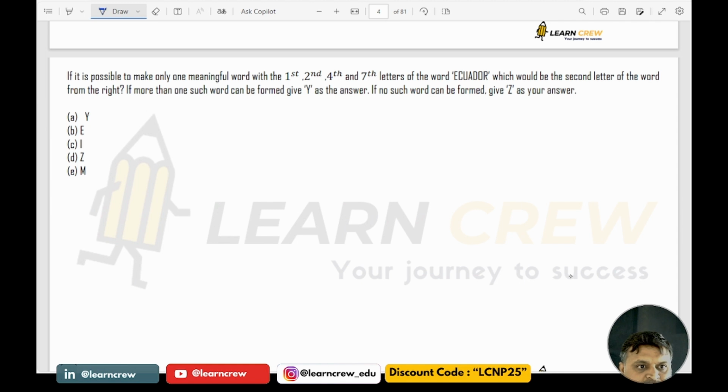Next, if it is possible to make only one meaningful word with the first, second, fourth and seventh letters, which would be the second letter of the word from the right.